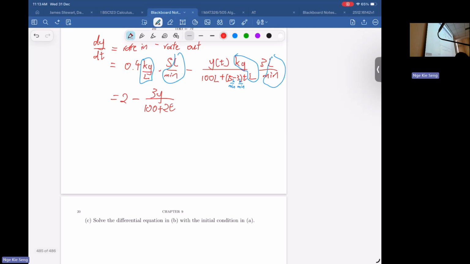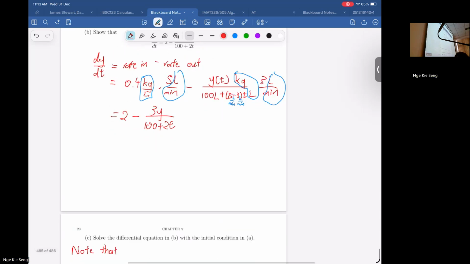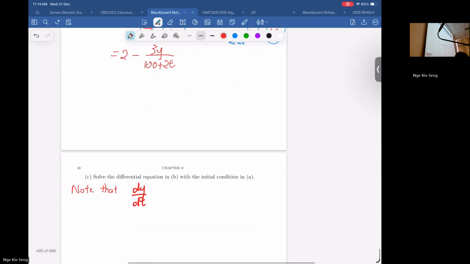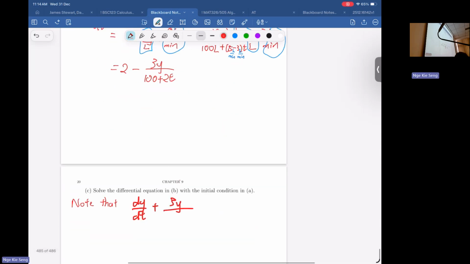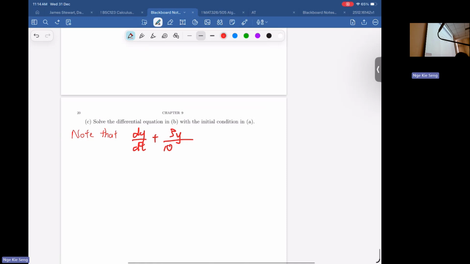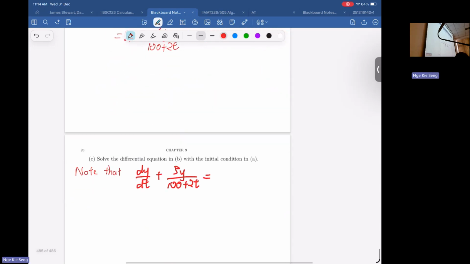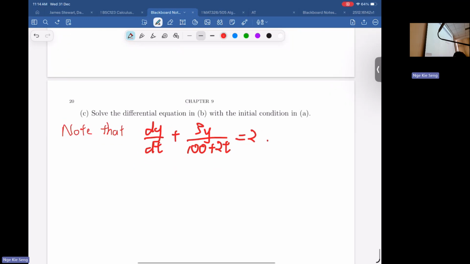Note that dy over dt plus 3y over 100 plus 2t equals 2.